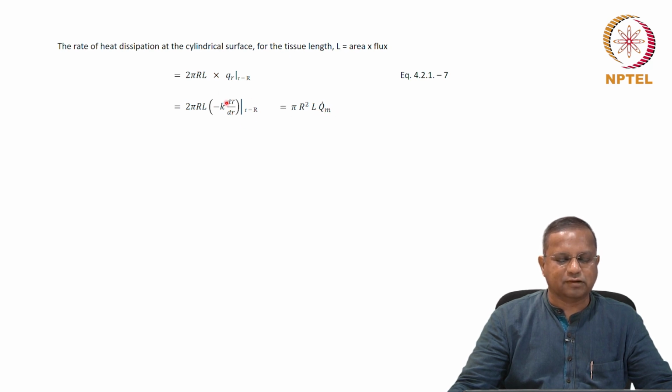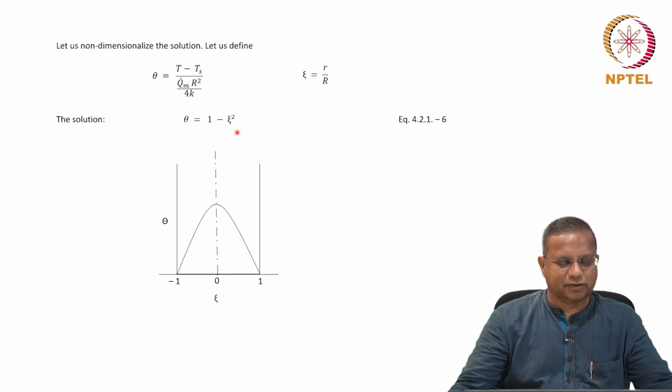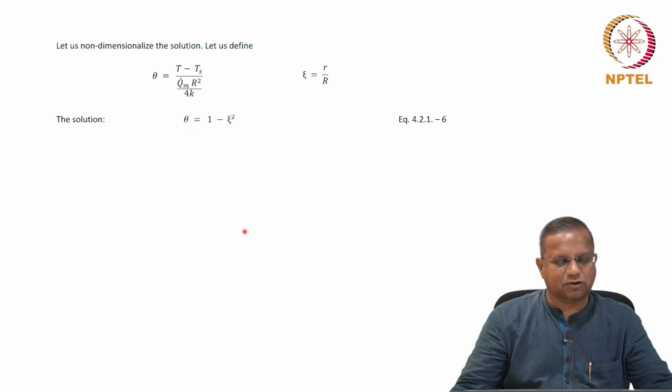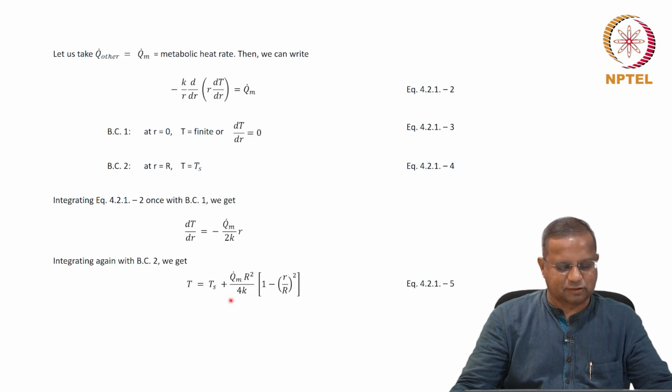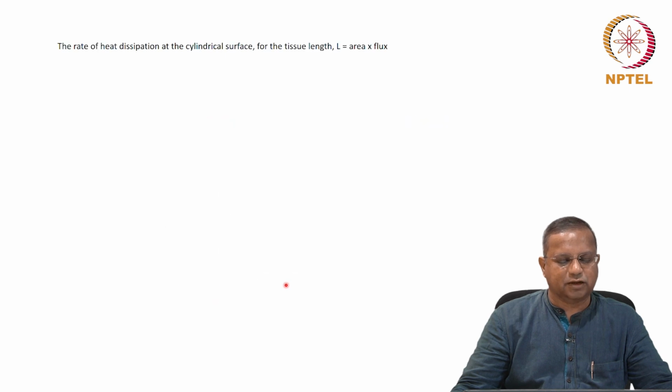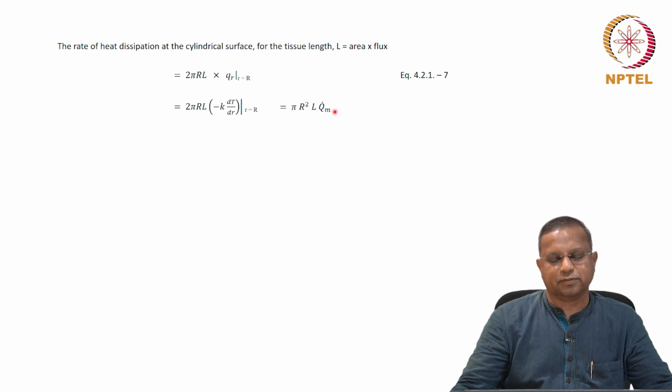If you calculate minus k dT/dr from the temperature profile, you get dT/dr multiplied by k, and this k will cancel, and so on and so forth. Whatever remains after the derivative, if you plug it in here, you're going to get pi R squared L qm dot, the minus will go out.